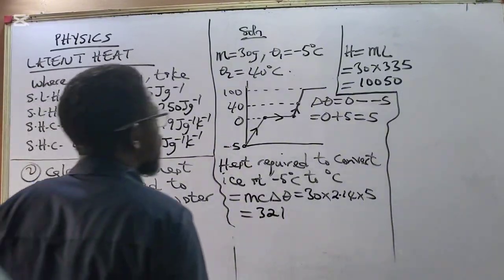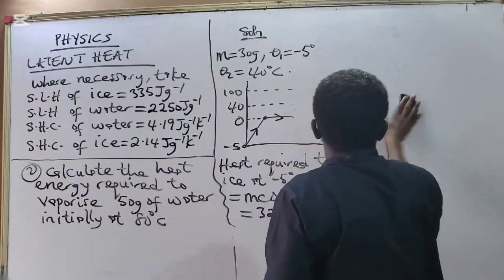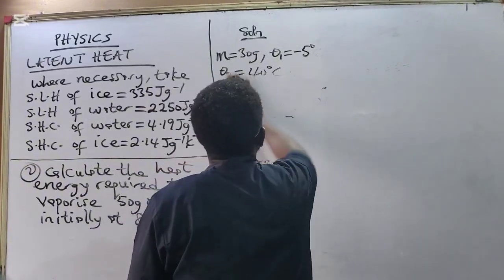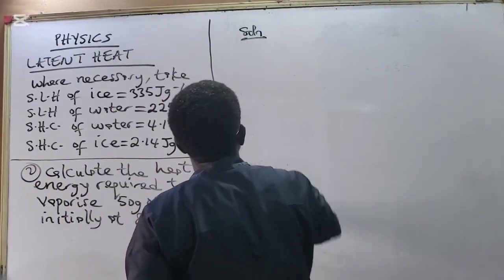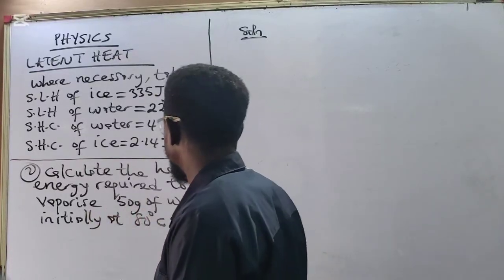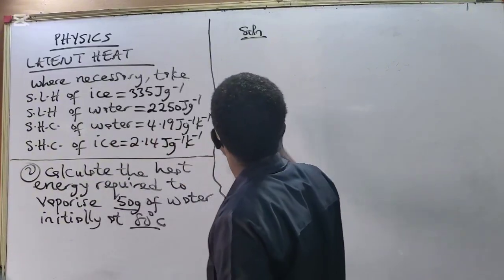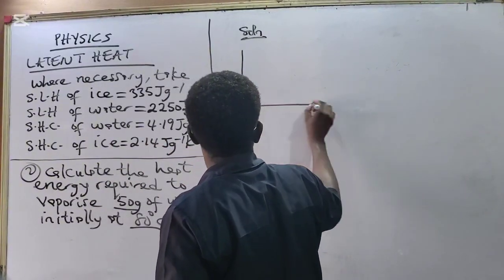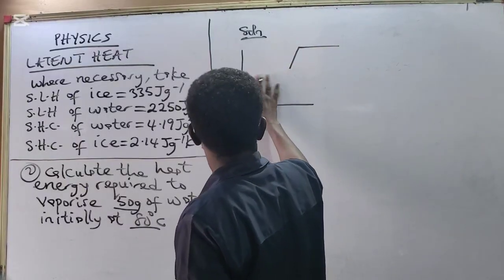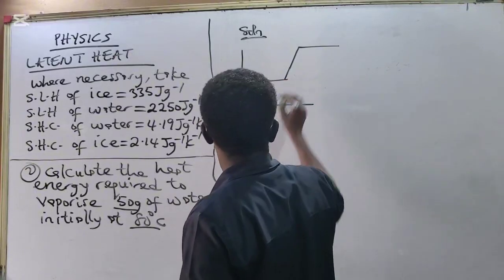Now, for this particular question, it says to calculate the heat energy required to vaporize 50 grams of water initially at 80 degrees C. So what I will do is use the same diagram, but this time we are talking about 50 grams of water initially at 80.